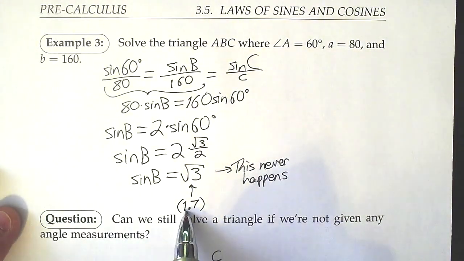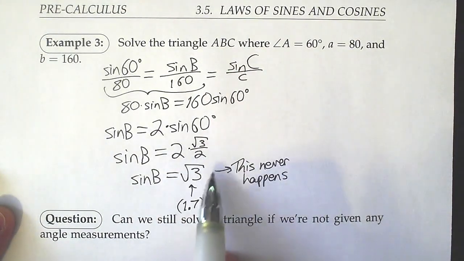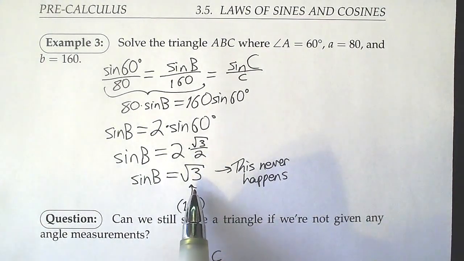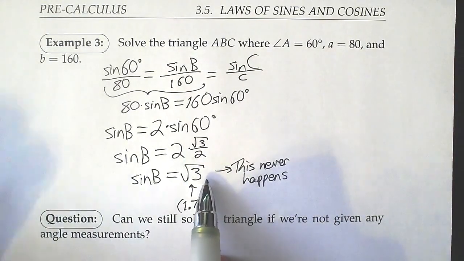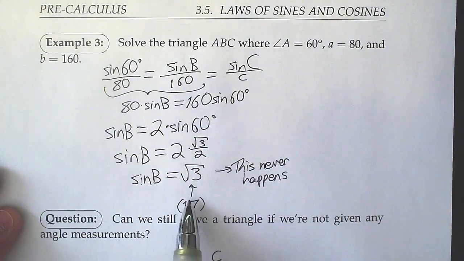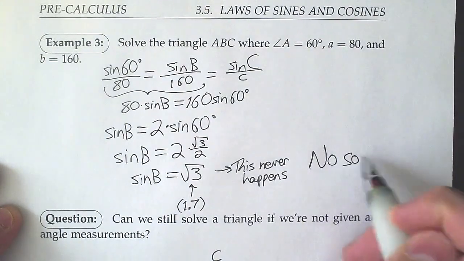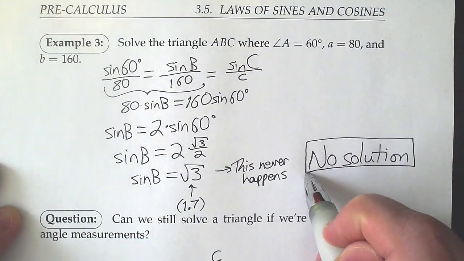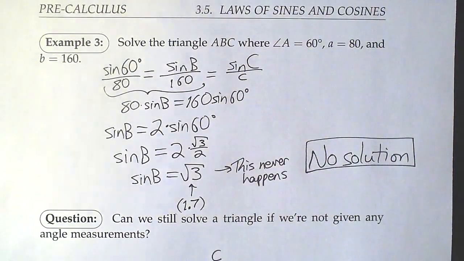That's larger than 1. And even if you don't remember that this is 1.7, you can tell that this must be larger than 1, right? Think, the square root of 4 is 2. The square root of 3 must be 1 point something. And sine can't get that large. Sine can't get bigger than 1. So all you would do is say no solution, or does not exist. There is no triangle that solves this problem.